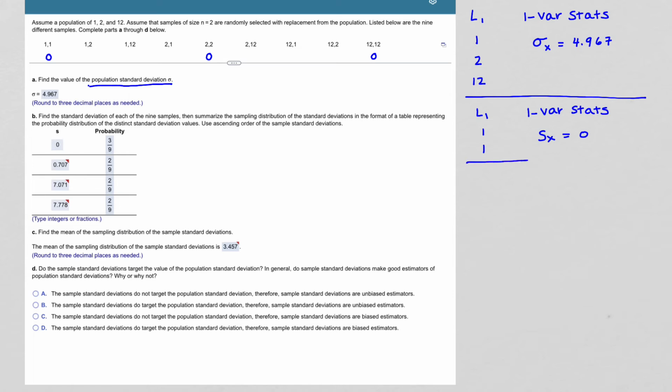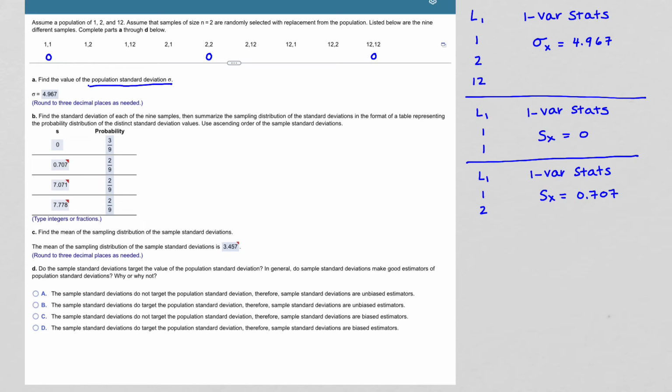So now I'll go to my next sample. And in L1, I'm going to put in 1 and 2. Run one variable stats. And get the sample standard deviation, which is 0.707.